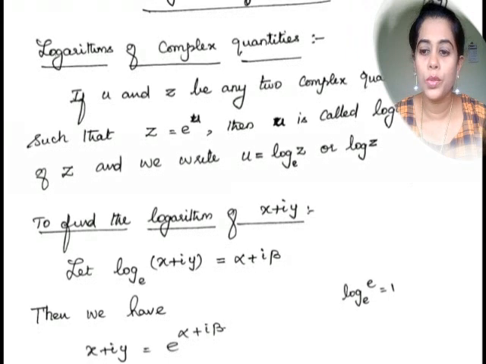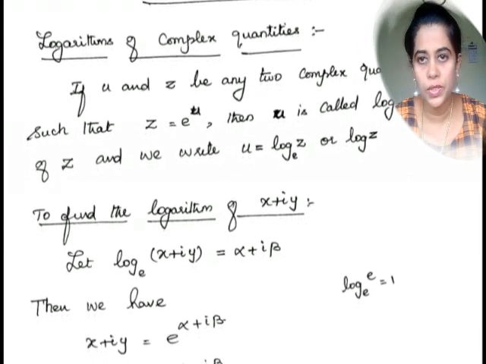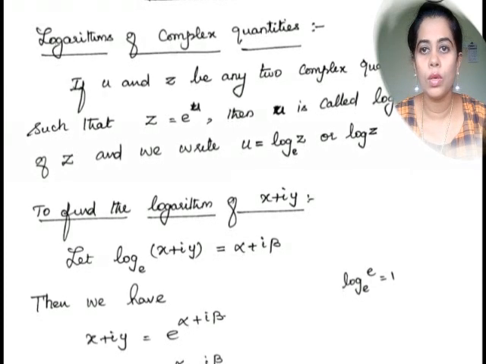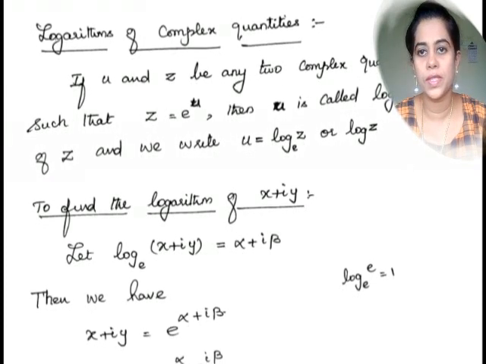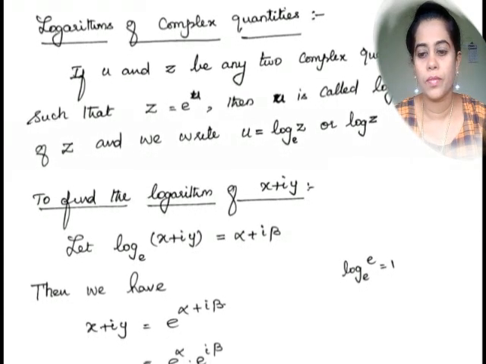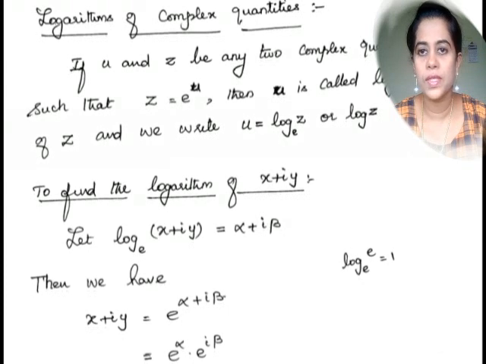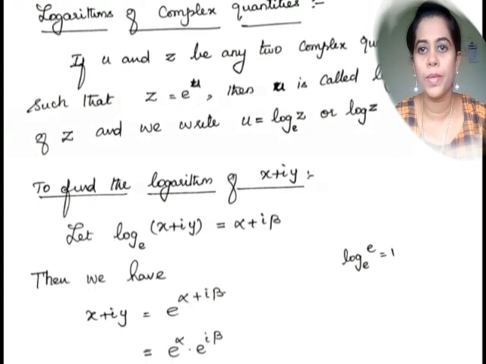Then u is called the logarithm of z, and we write it as u is equal to log to the base e of z, or simply log z. And we all know that if I am writing log of z, there should be a base e.